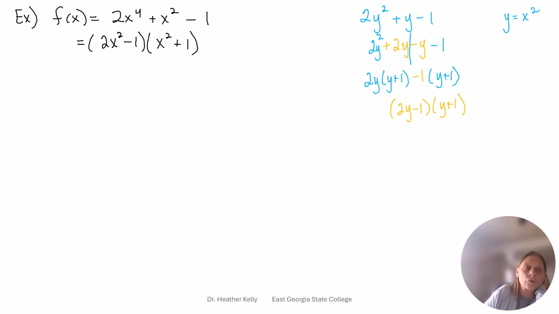Now, the directions, which I didn't write down, are to factor completely. And you know that this one, x squared plus 1, is prime, so it doesn't factor any more as it stands right now. But this other one does.